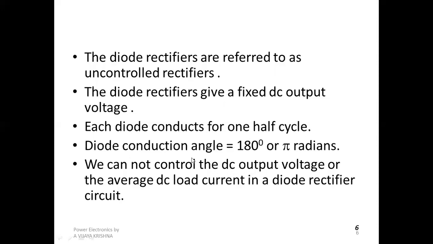That is called the conduction angle. Diode conduction angle is up to 180 degrees only. After 180 degrees to 360, the diode is in the off position, which comes under the negative half cycle.